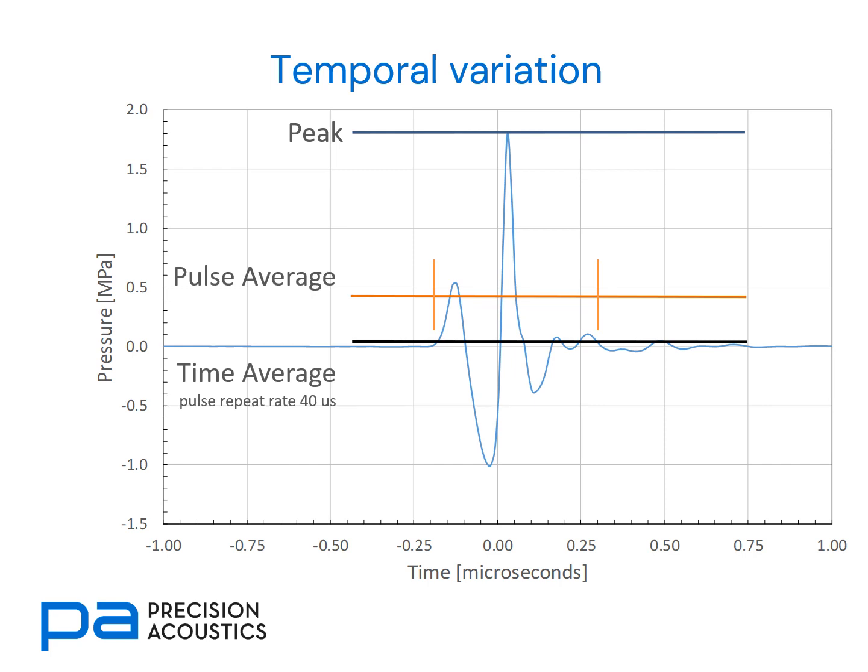And here I'm showing an example where the pulse repetition rate is 40 microseconds. So depending over what level we are averaging our pressure, be that an instantaneous one for a peak, a pulse average, or a time average, we can get the same level of variation as we did when we considered our spatial variations with spatial peak and spatial averages.